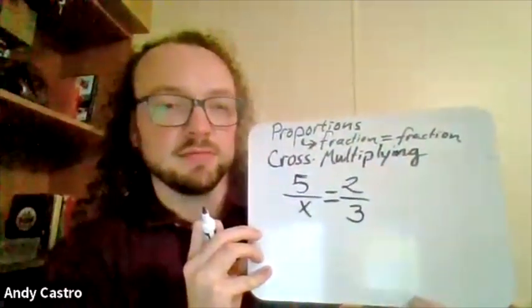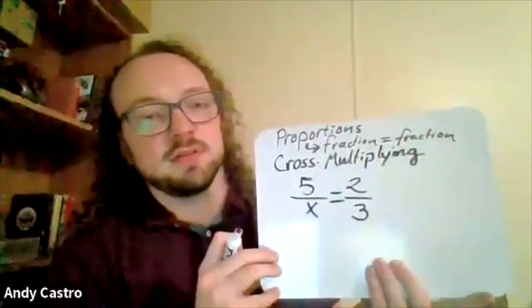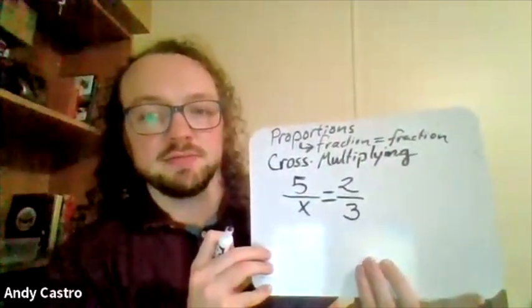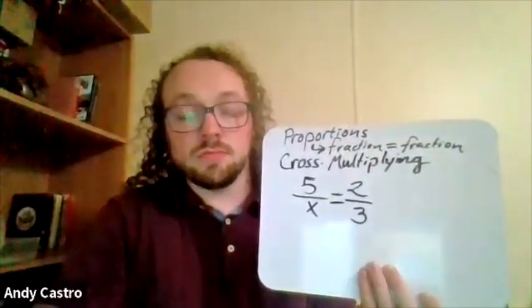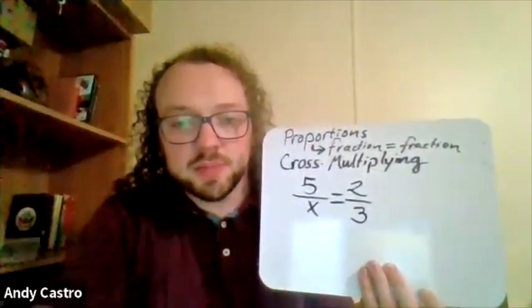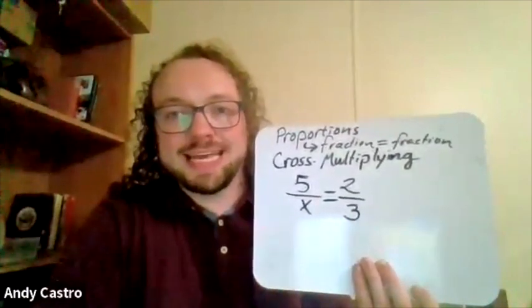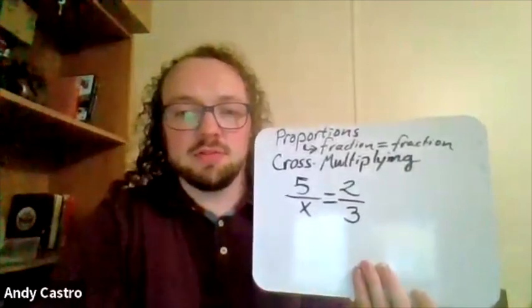So take a minute, see if you can follow the process of cross multiplication to solve for x. And then when you send your answer, just above where you type your message, it says 2. Click on that little blue button and make sure you click on Andy Castro. That'll go to me.